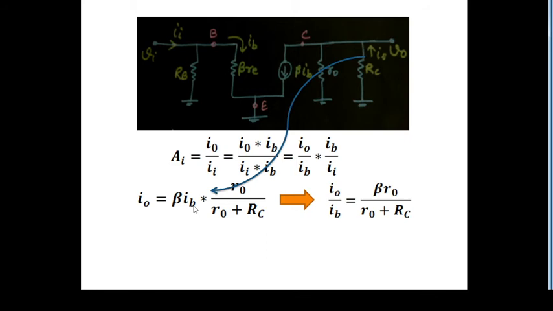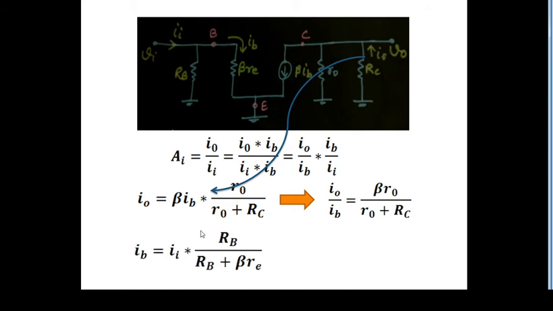Next, again we have to find IB by II. So what can we write? The current IB can be written as the main current II into RB by RB plus beta RE, from the current division rule.